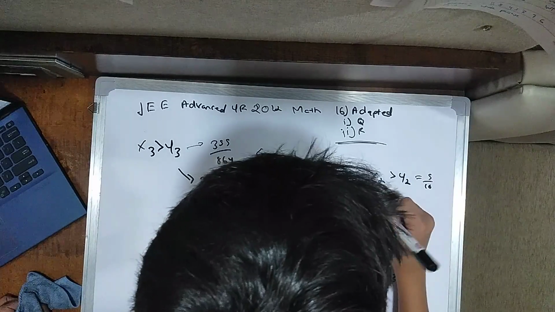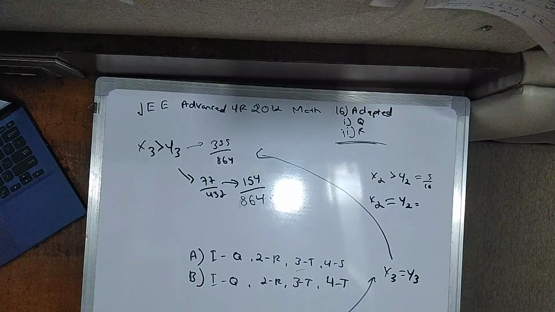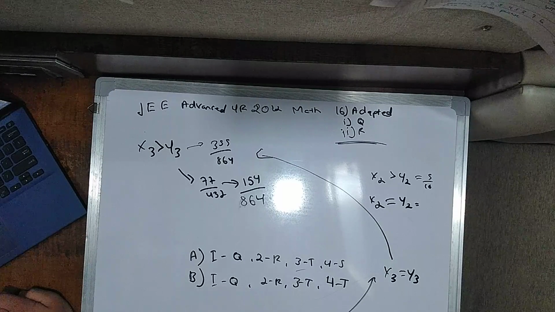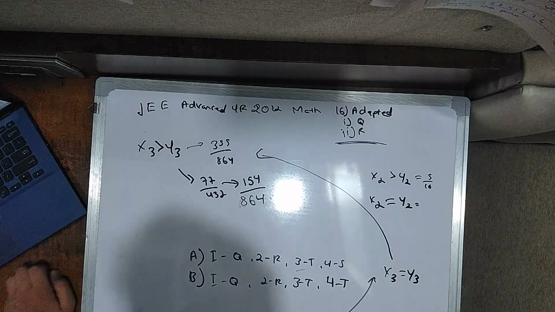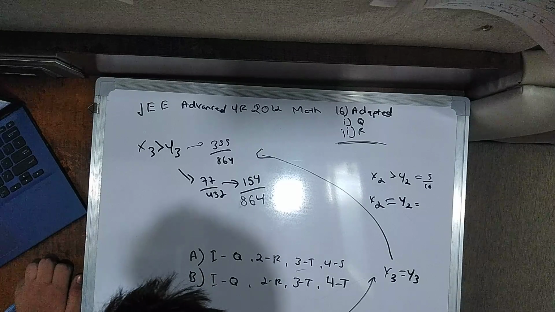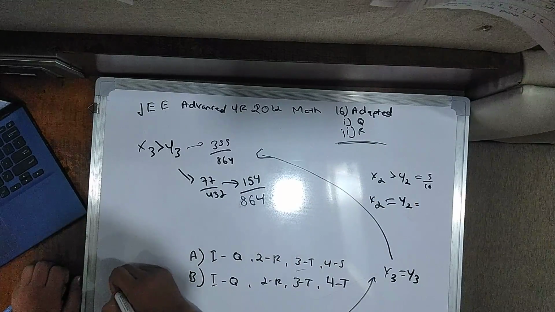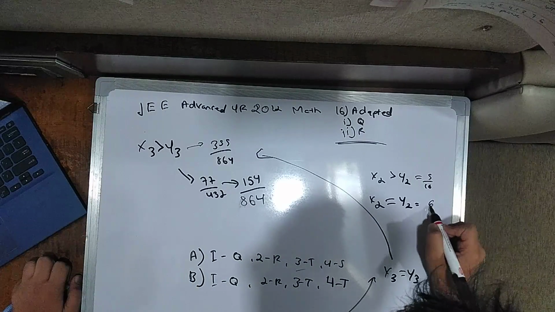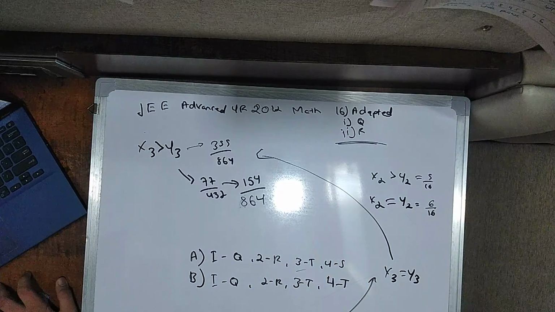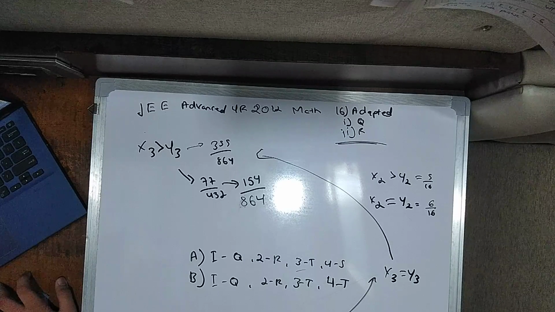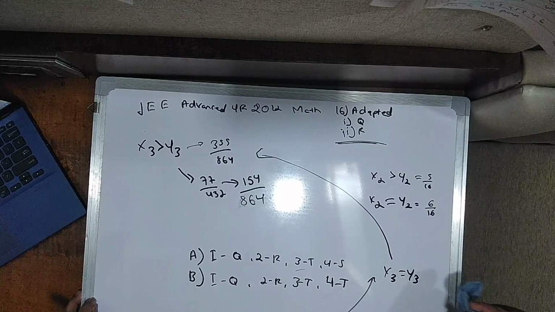And probability of x2 being equal to y2. What was the probability for this? Q minus R, which is 11 by 16 minus 5 by 16, which is 6 by 16. No, that's incorrect. It's not 6 by 16.